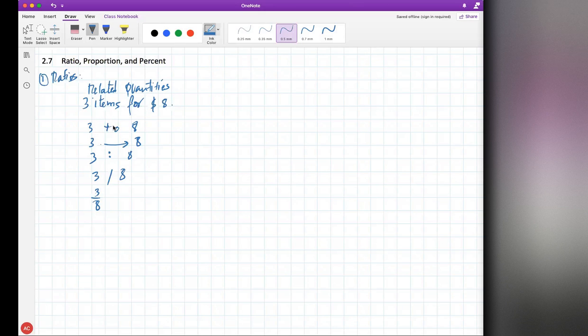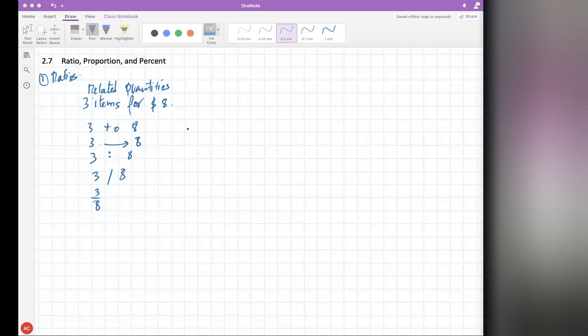So it could be like this, like I said, 3 to 8, which means if you want to buy more items or less items, if the number of items changes, the price also changes. So if one changes, the other one has to change accordingly. For example, 3 items for 8.